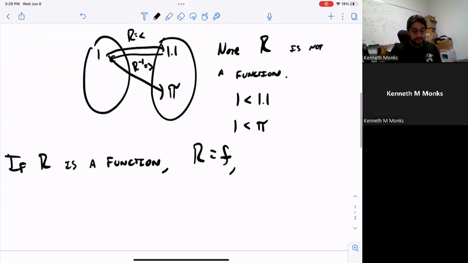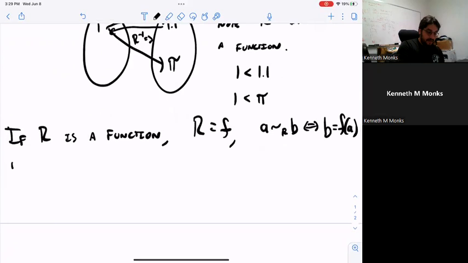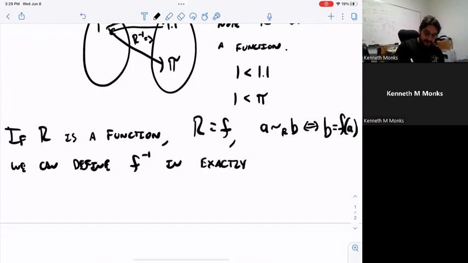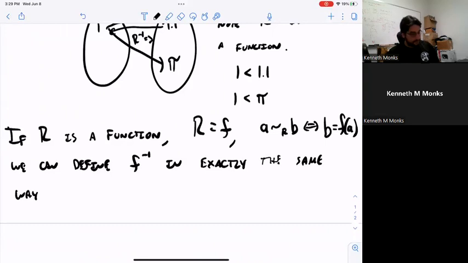Once again, remember our notation for it: A is related to B if and only if we write B equals f of A. Then we can define f inverse in exactly the same way. You just reverse all the ordered pairs from R.